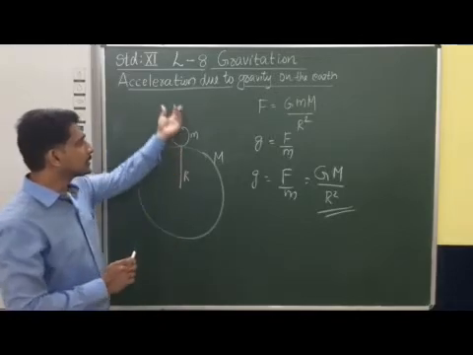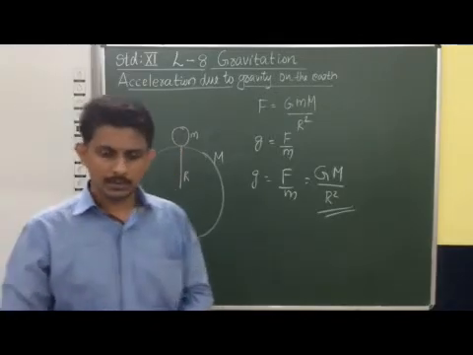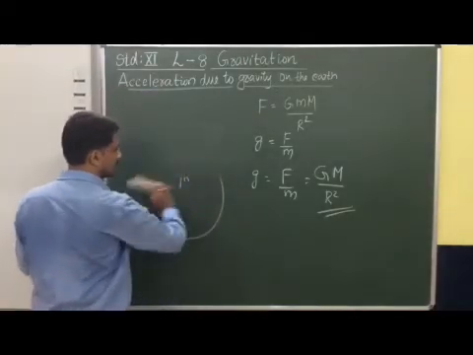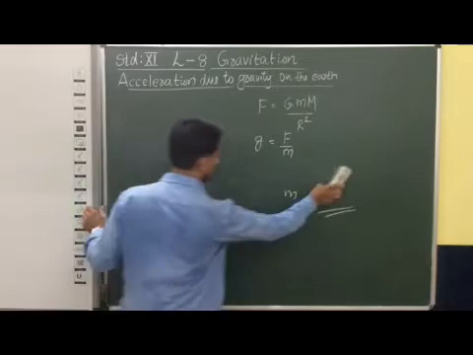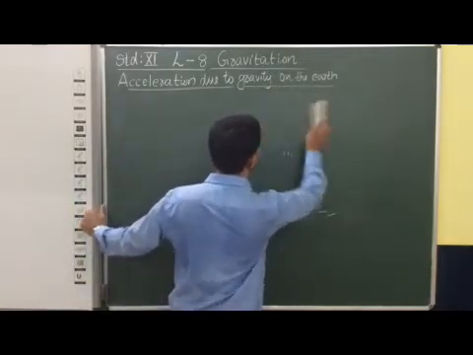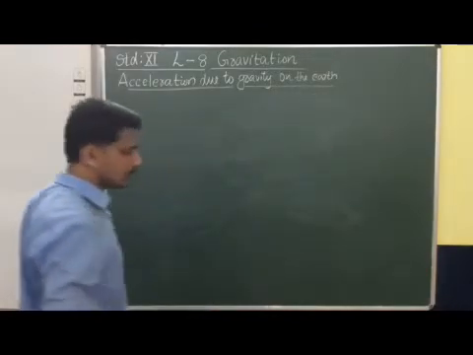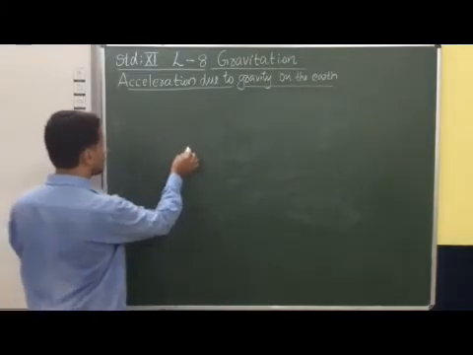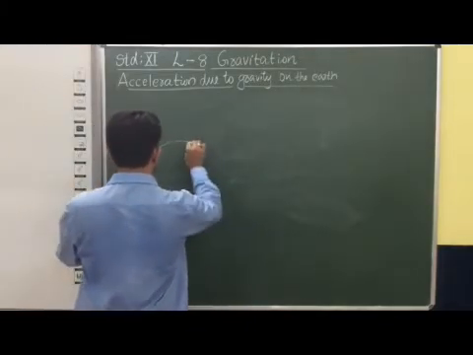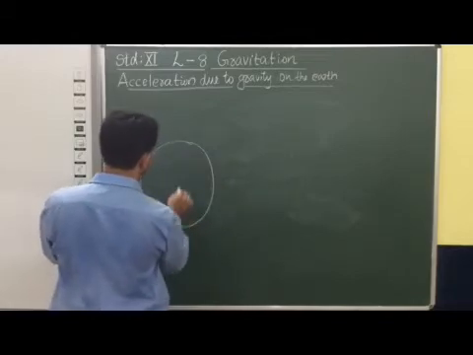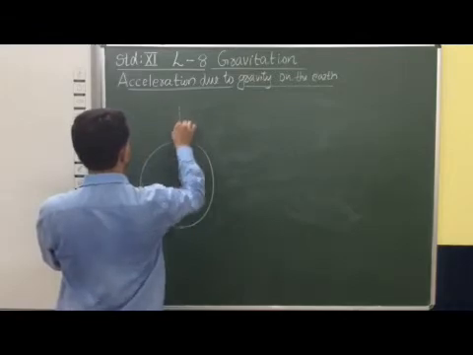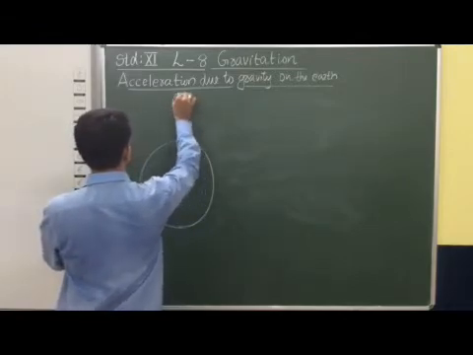Now we consider a situation where this object is going in the upward direction. Let the object be at a height h above the surface of the earth. We consider the earth having radius r, and this object of mass m at a height h above the surface of the earth.